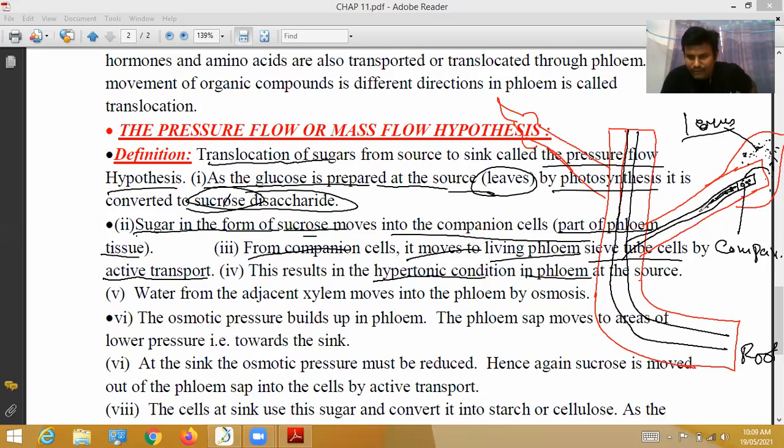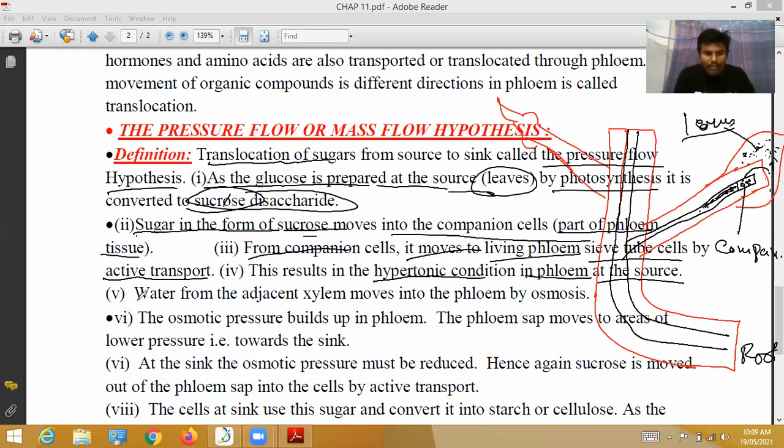When this sucrose enters the sieve tube cells, a hypertonic condition is raised, meaning a high concentration of sugar is formed at the source, at the leaves.